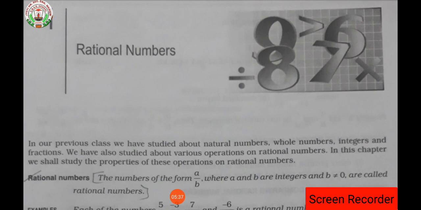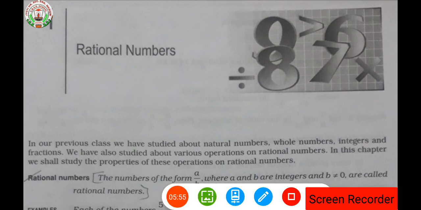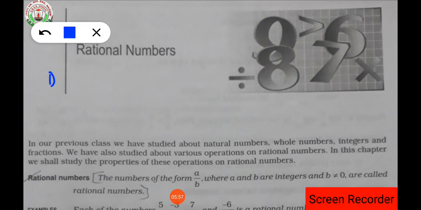Since the definition of integers is over, and you had also studied examples, the types of integers are positive, negative and neutral. These are the three types of integers which you have already studied last year, isn't it? So what are the properties of integers? The first property is the addition property.